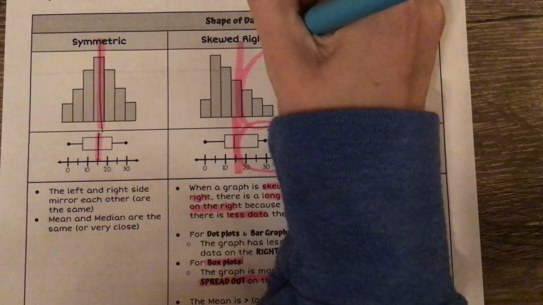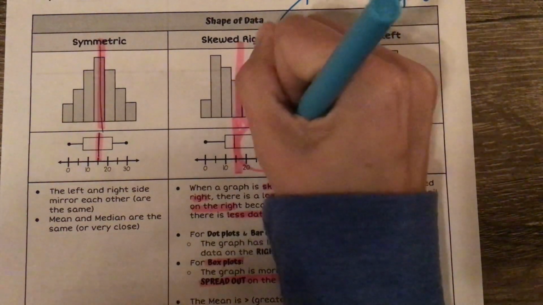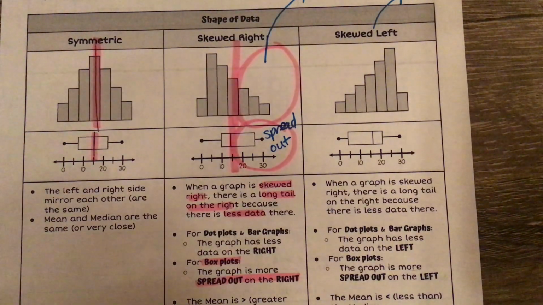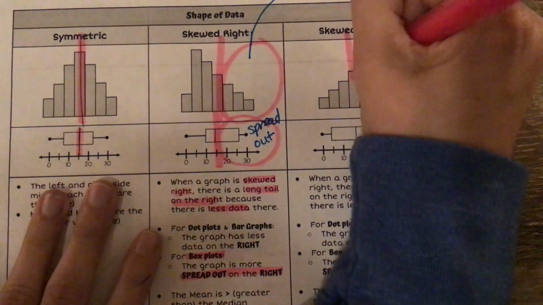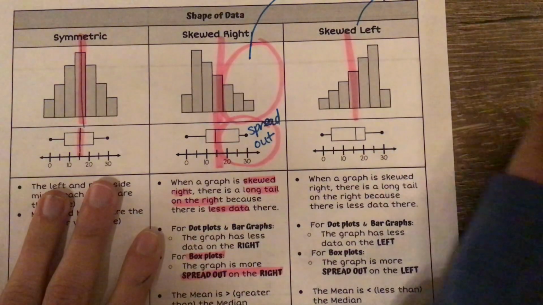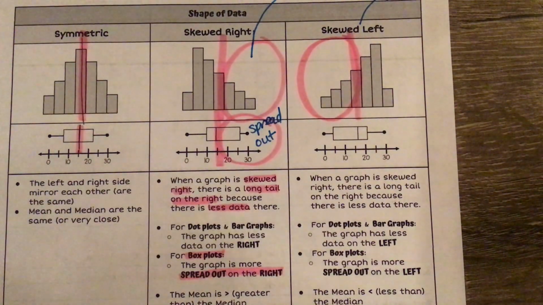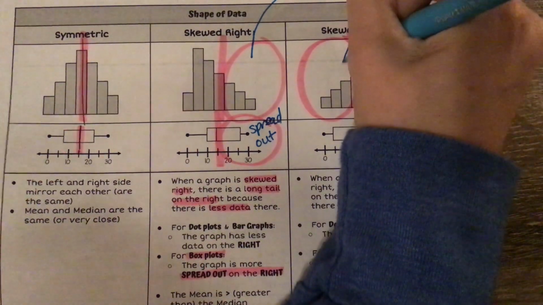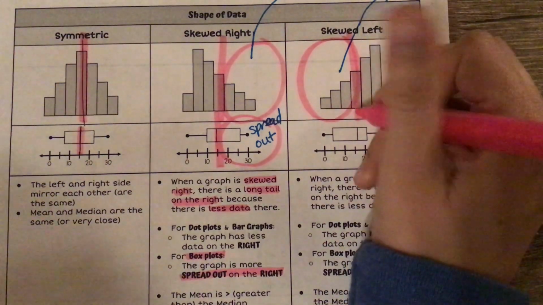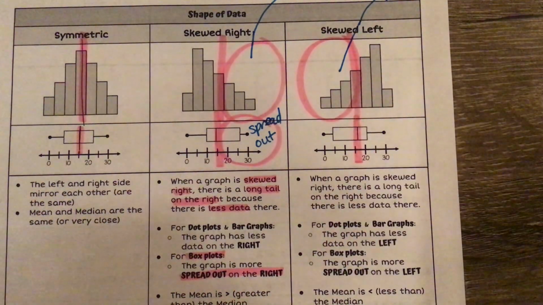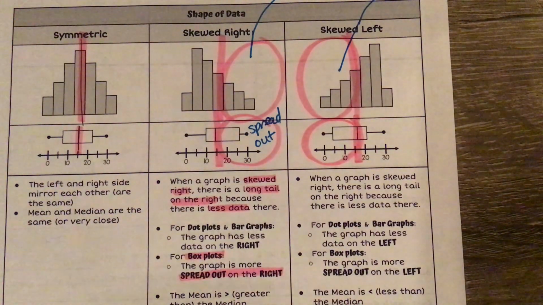So this is less data here, but it's spread out in a box plot. For skewed left, again, if we're splitting it in half, for this bar graph here and dot plots, we're going to see less data on the left. But when we're looking at a box plot, we will see it more spread out on the left. Okay.